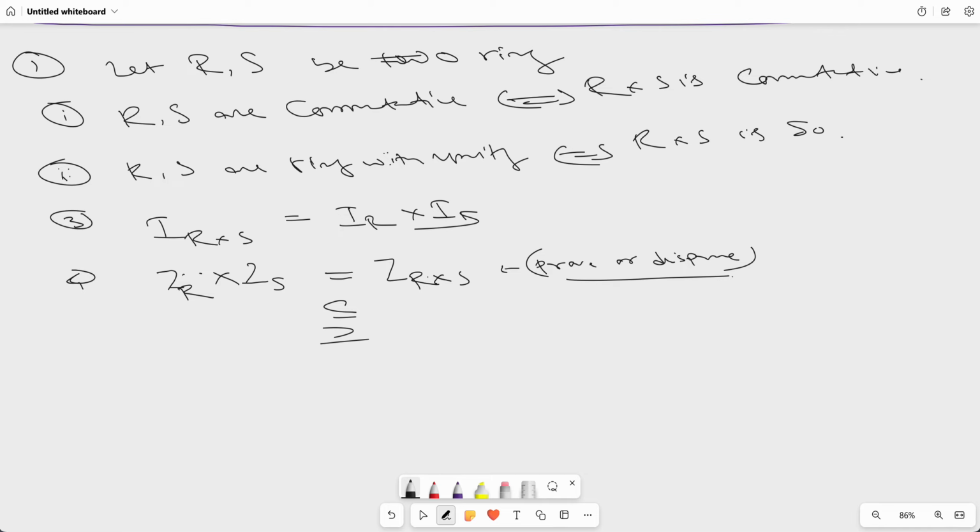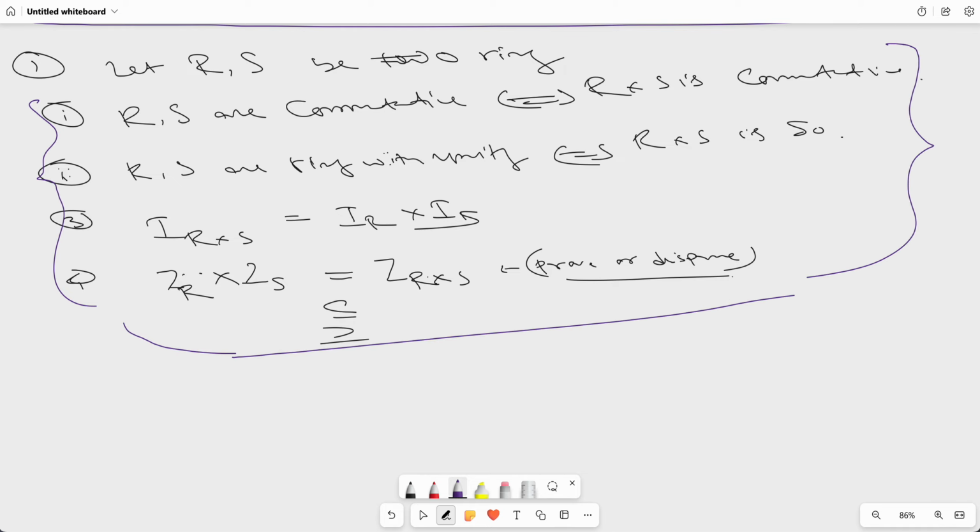So I think this is enough for today, right? These are some exercises, you just compute them or go through them. From here I'm ending the ring theory basic part. From the next lecture we'll define the characteristic of a ring.